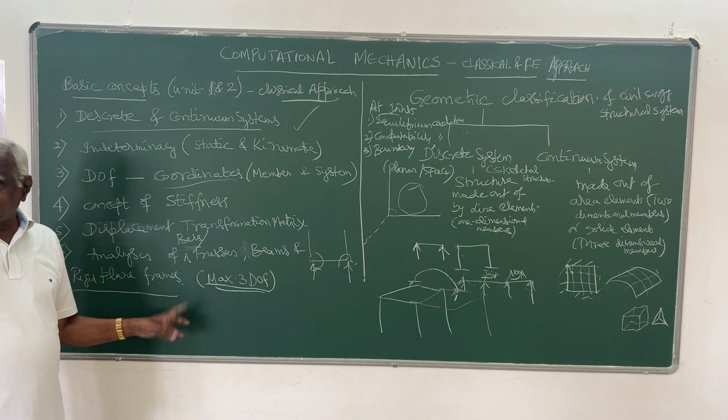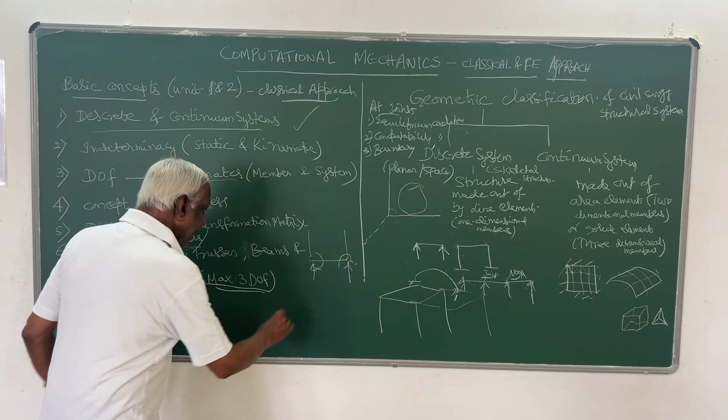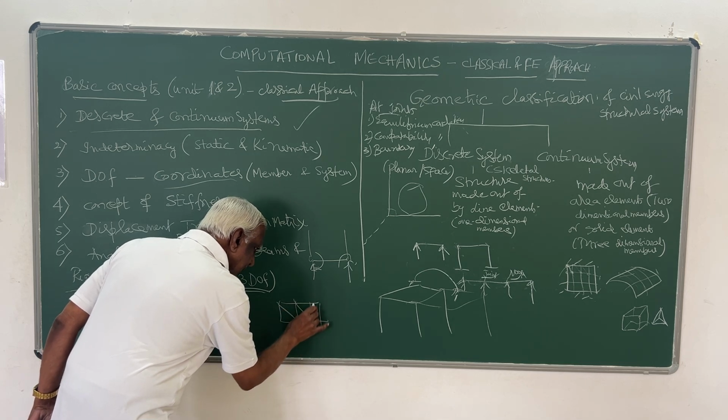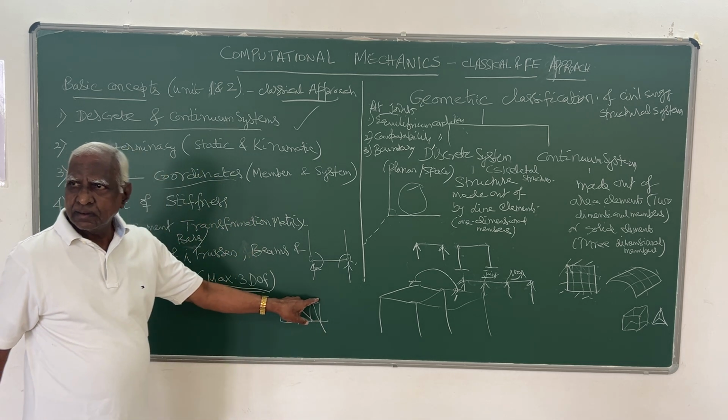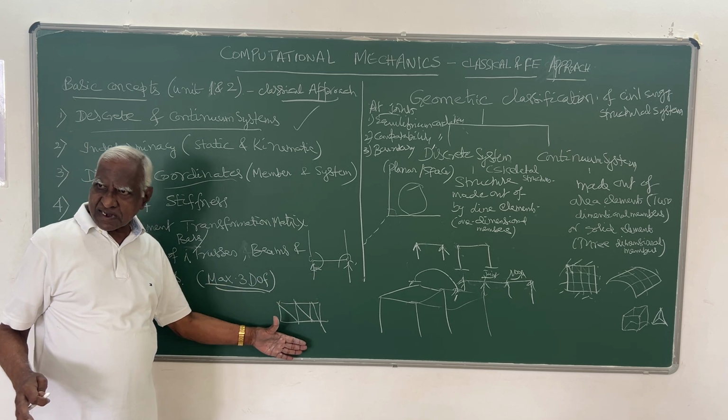the degrees of freedom. So in case of a truss structure, if you take a truss structure, at each joint there cannot be any movement because it's a planar structure.